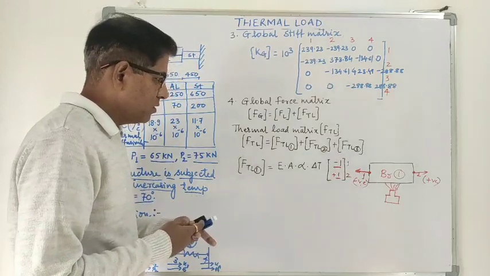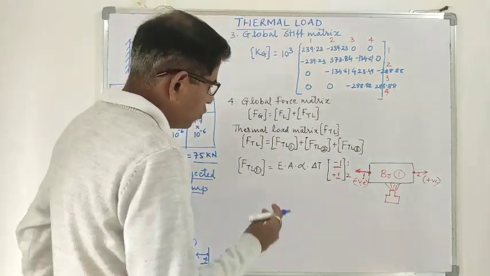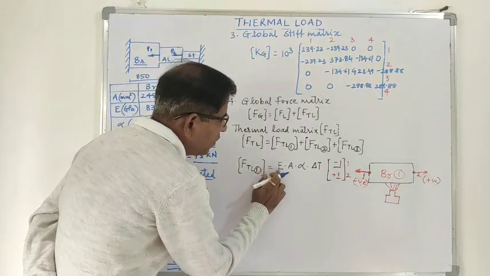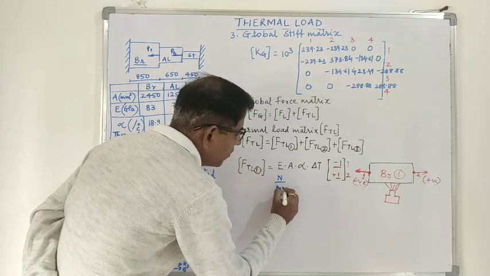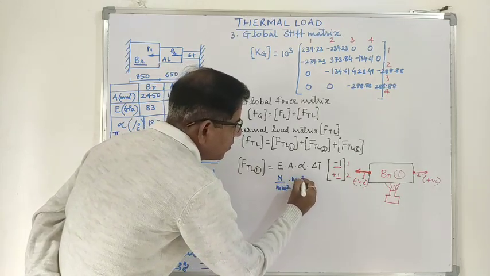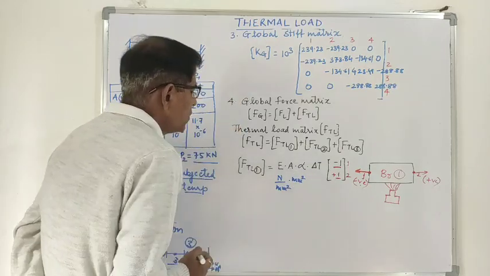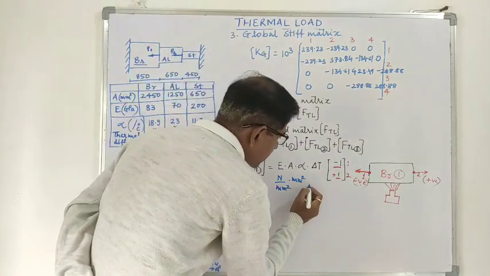Now we put the values. First we balance the units. Okay, so what is the unit of Young's modulus? It is Newton per mm square. The area's unit is mm square. Thermal expansion coefficient alpha, what is the unit of alpha?